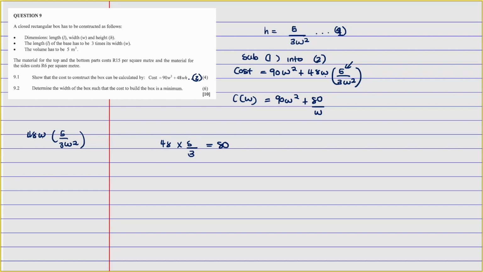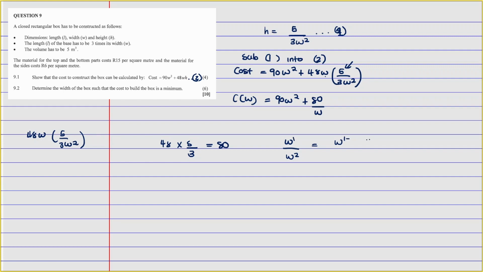Yes. So now I need to sort out my w's. Do you see the fact that I have w divided by w squared? Do you agree? So by exponential laws, this is w to the power 1, right?